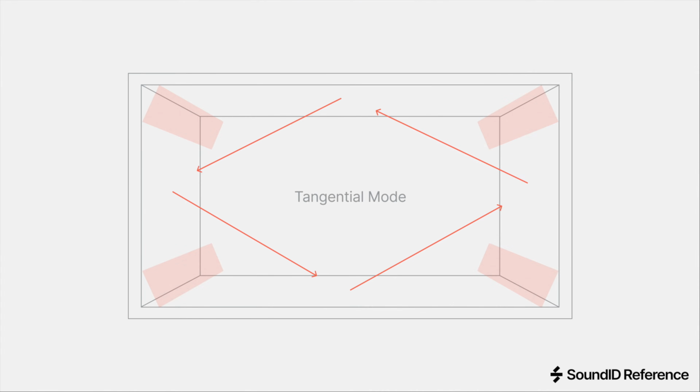But there's two other forms of room modes. There's tangential room modes, which involve striking at least 4 surfaces, and then there's oblique room modes, which involve striking all 6 surfaces. So we're talking about wall, wall, wall, wall, floor, ceiling, not necessarily in that order. That creates an oblique mode. And the more surfaces that sound strikes means the further that sound has to travel, and the more surfaces it's encountering where it will be absorbing some of the energy.